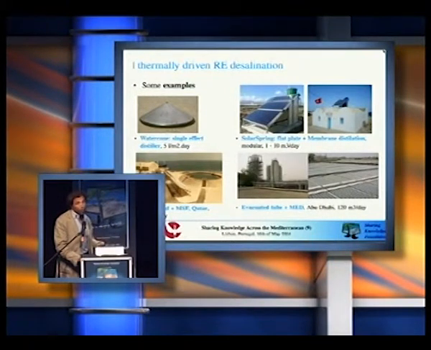It's very low in efficiency, of course, and stands for 5 liters a day of production. Moving to the right, we have a combination of flat plate collectors, a different technology for solar collectors, combined with membrane distillation modules. This system is highly modular and stands for productions between 1 to 10 cubic meters a day.